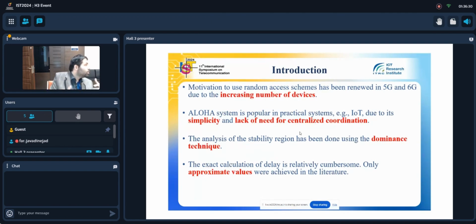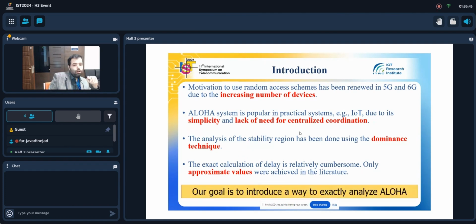But when it comes to delay, so far there isn't an exact method, and most of the analyses are approximations of the delay and not the exact one. So our goal in this work is to find a way to extract the exact delay for these ALOHA systems.